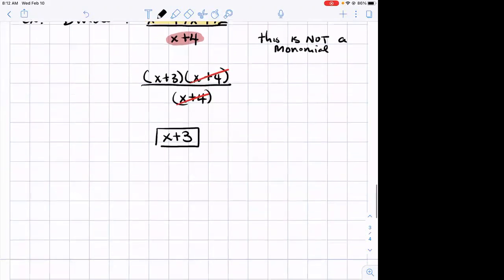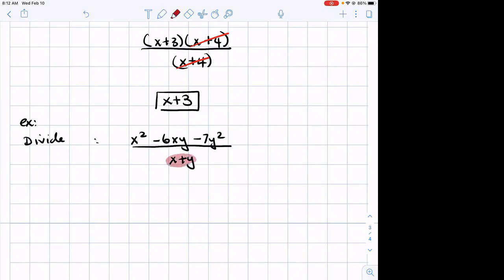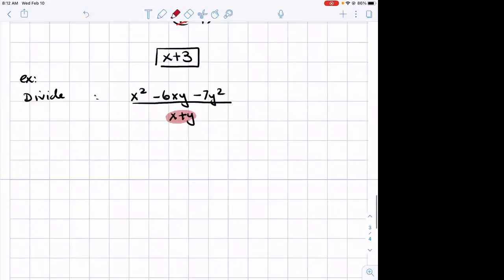So let's look at another example. Divide x squared minus 6xy minus 7y squared divided by x plus y. So notice, once again, this is not a monomial, so we either have to factor the numerator or we have to do long division.